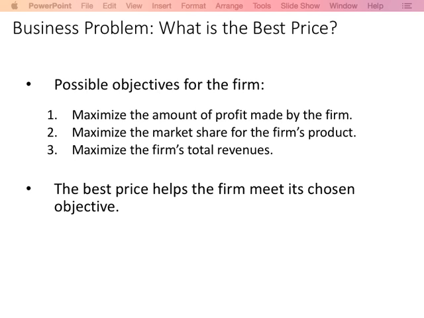And usually, firms hold on to one of these three objectives. If you study business organizations and managers' objectives, all managers are usually trying to maximize one of the three. It's difficult to maximize market share and profit at the same time.